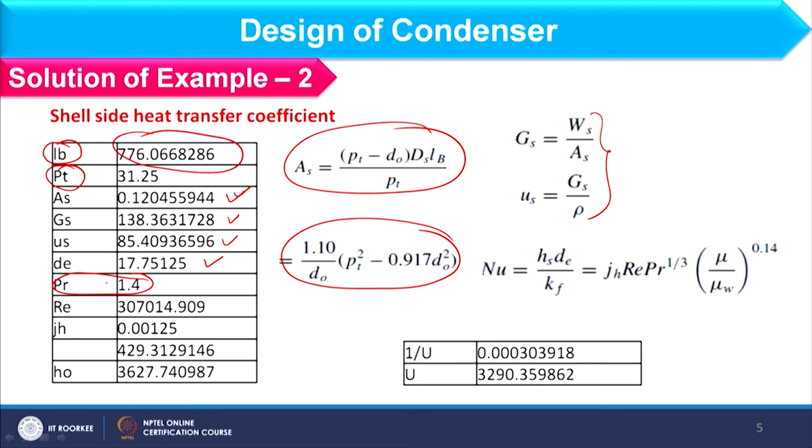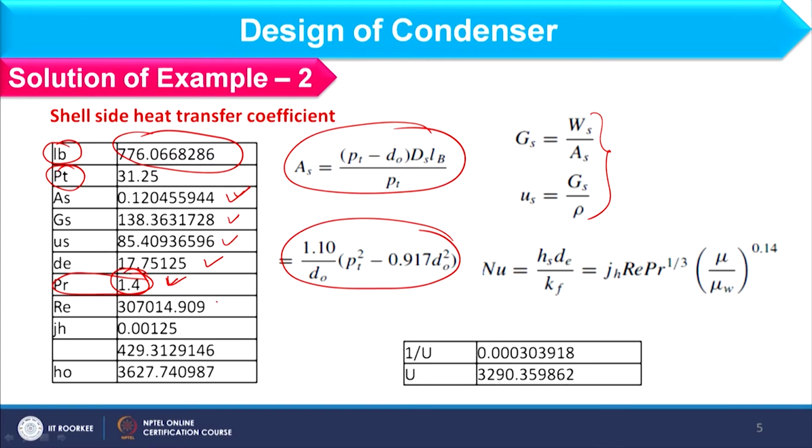Prandtl number is already given to you. Reynolds number you can find because velocity and all other parameters are given to you, based on the velocity. Another point to tell is that the Prandtl number is given as 1.4, and this Prandtl number is applicable to both sides, right.